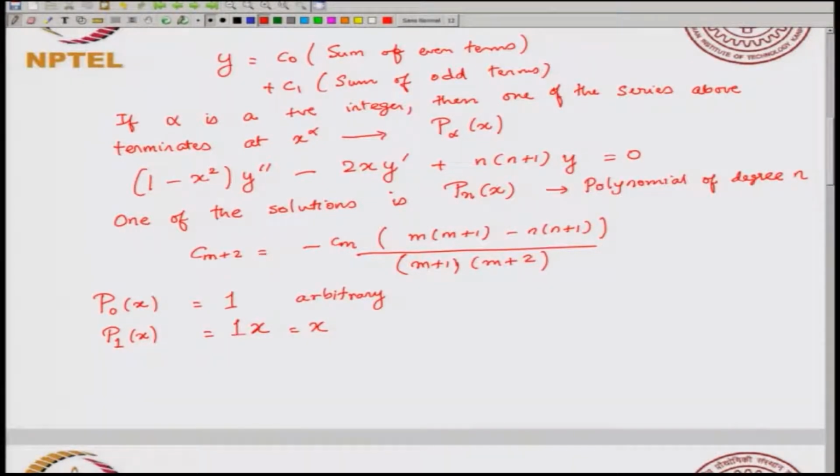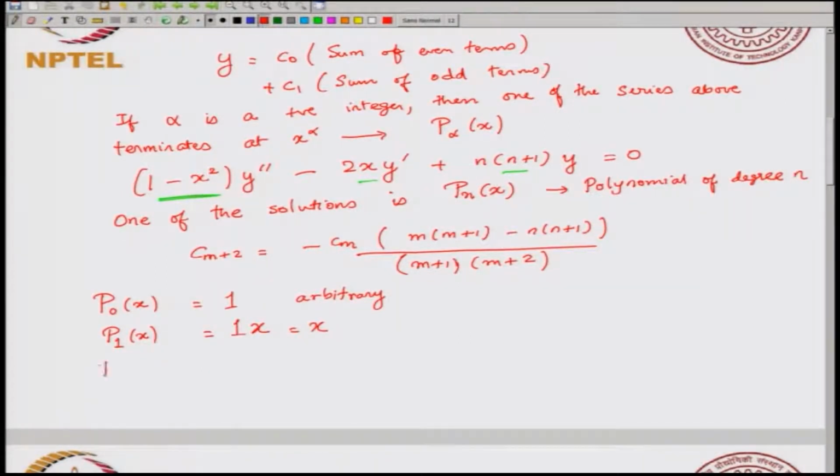The second derivative of x is 0, so the first term in the differential equation will go away. When you set y equal to x, y prime is 1, so you will get minus 2x, and this is plus 2 into x. So, you can clearly see that x satisfies this differential equation. So, P1 of x is taken as x, and in fact x is the correct solution for this.